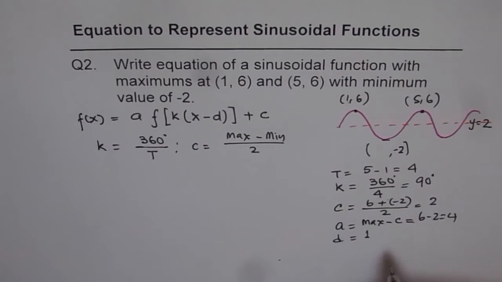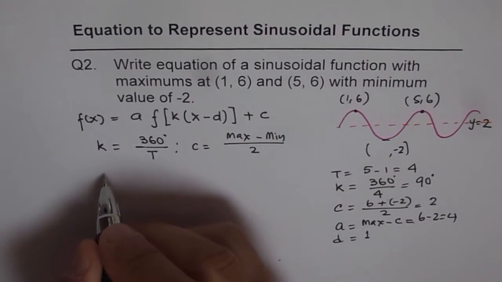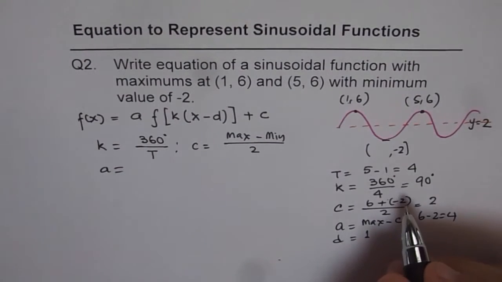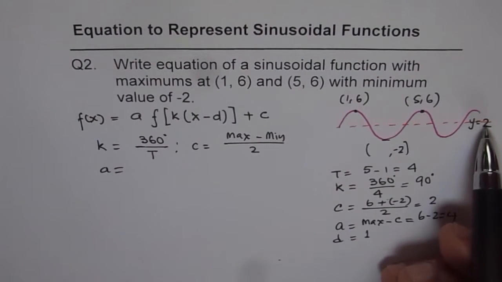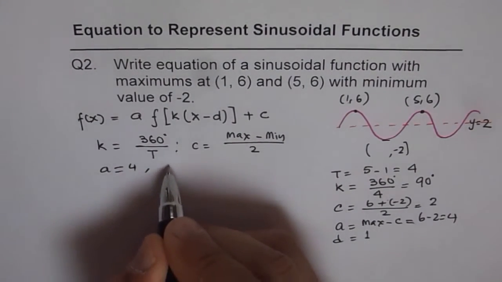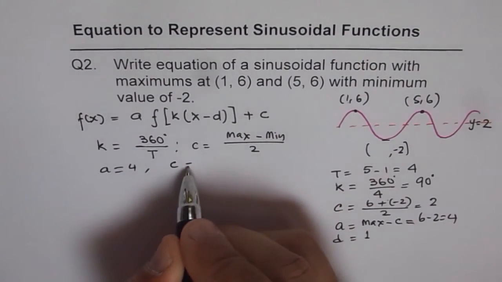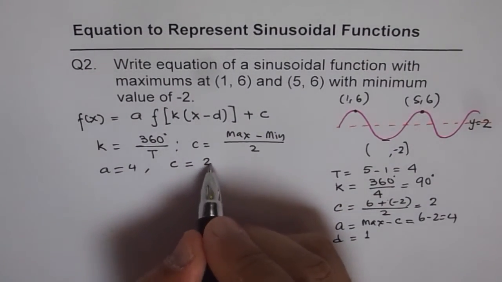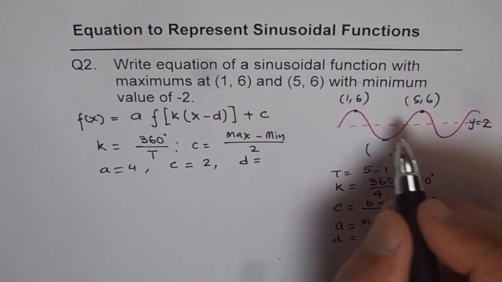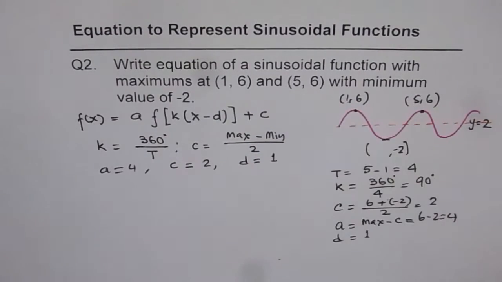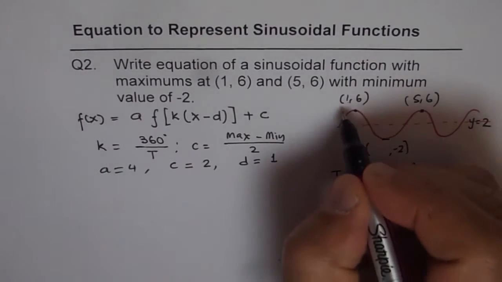That gives us all the information. So we get a equal to 6 minus 2, that is 4. We get c, which let me write again here as 2, and we know d is equal to 1, the first maximum position. So this is indeed the value of d.